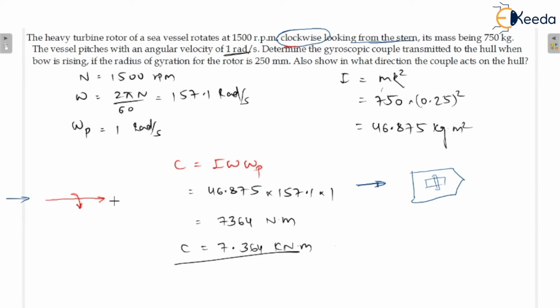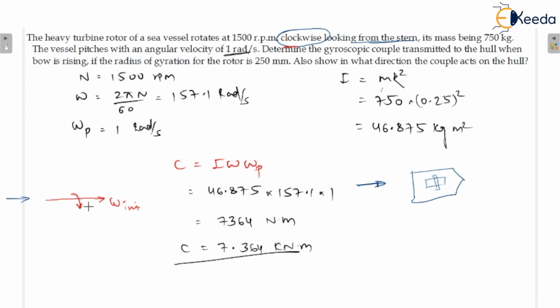This is omega initial. And what is pitching? In the pitching of the ship, there is an upward and downward movement of the bow as well as the stern. That is the general idea of pitching.